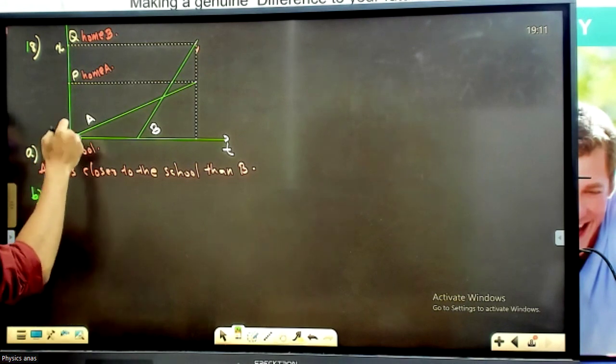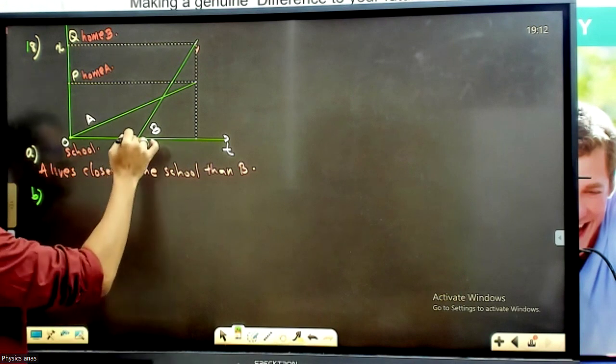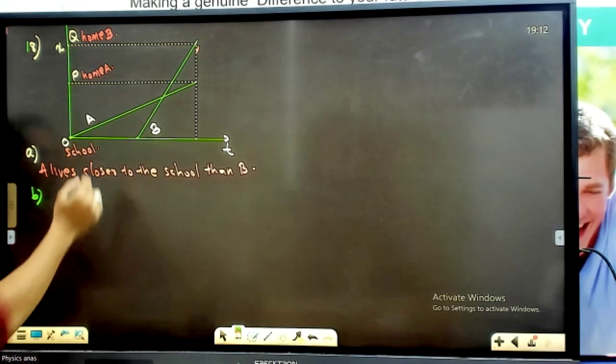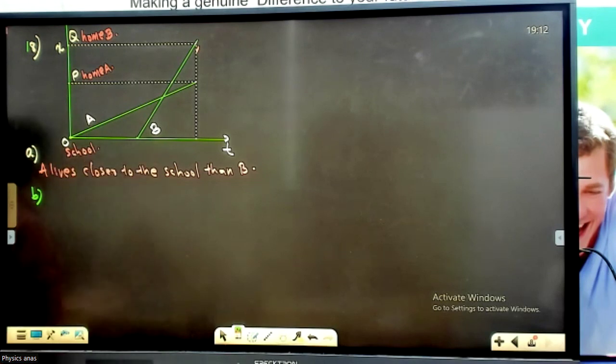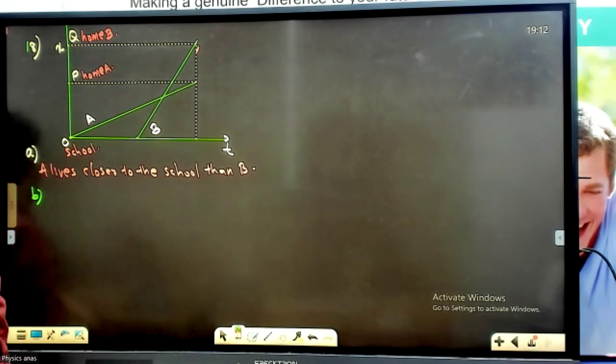A has started from school, that's point O. And B has also started from school, but B is a little late. A has started from school early, from 4 o'clock itself.